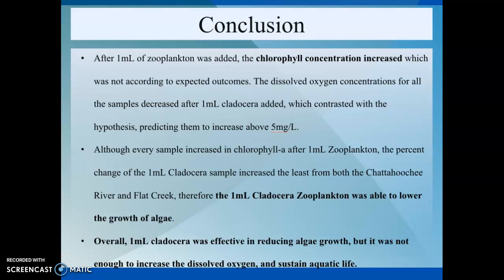In conclusion, the addition of 1 milliliter of zooplankton caused the chlorophyll concentration to increase, which was due to errors in experimental methods. Overall, 1 milliliter of Cladocera zooplankton was effective in reducing algal growth, but it was not enough to increase the dissolved oxygen and sustain life.